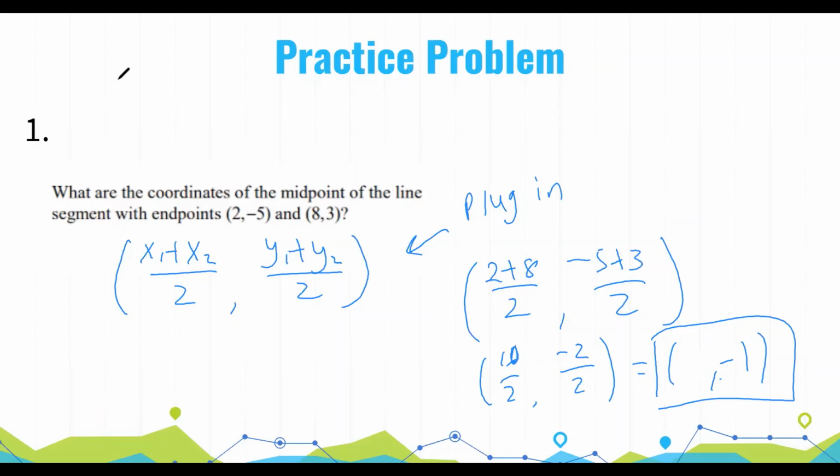Yeah, it should be 5 and -1. So basically, you plug the numbers into this formula, then you calculate and you get the midpoint. Okay, I think we can go on to another practice problem. We have enough time, I think.